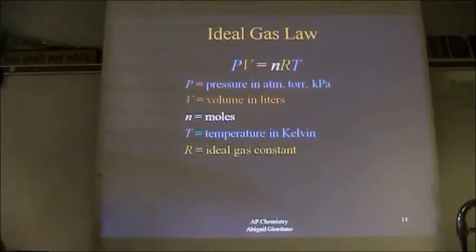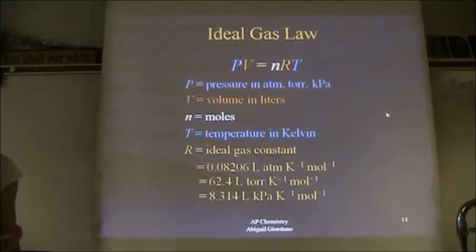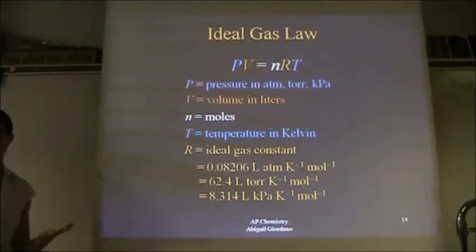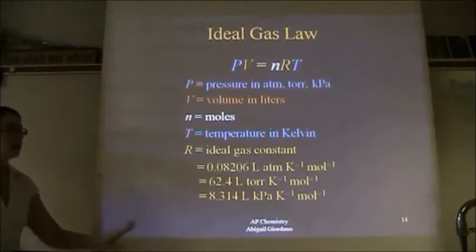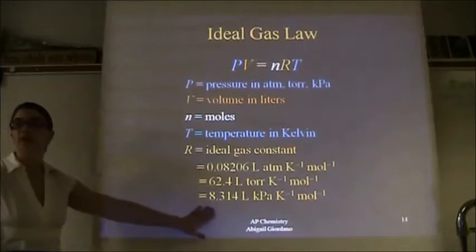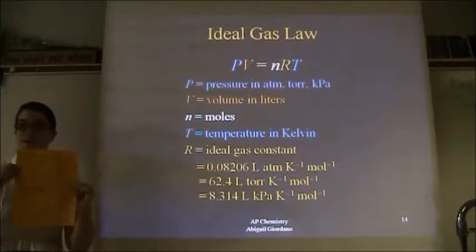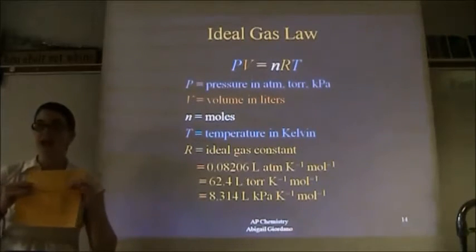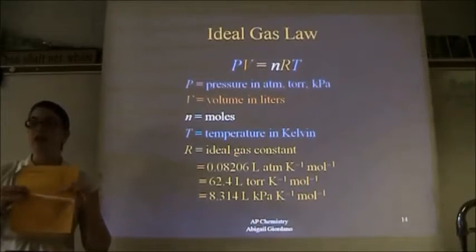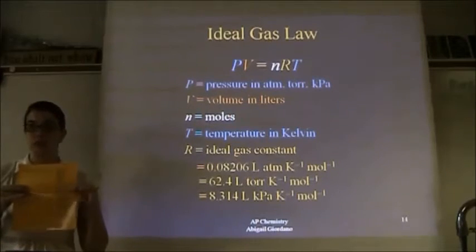And guys, R is called the ideal gas constant. There's three possible values you could be using. Do you have to memorize these? No, you don't. If you look on the right-hand side here, those values are given to you.